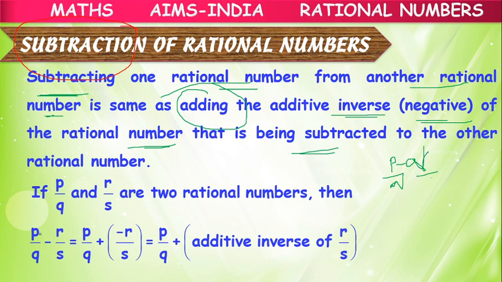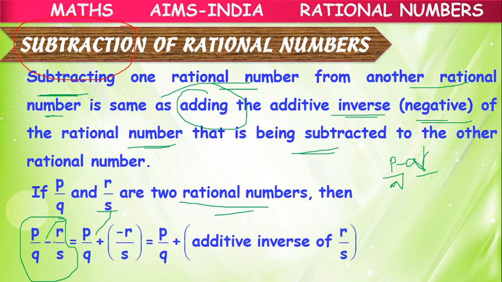If p by q and r by s are two rational numbers, then the subtraction of r by s from p by q is represented as p by q minus r by s. But this can be written as addition.